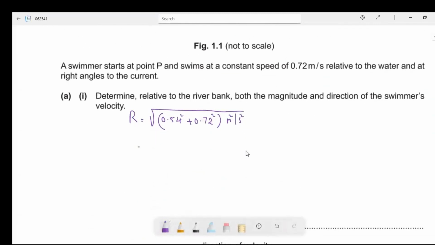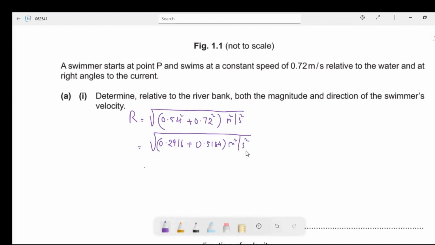While calculating, 0.54 squared is 0.2916 plus 0.72 squared, that is 0.5184, in meter squared per second squared.